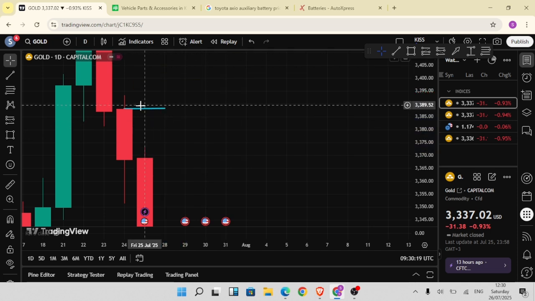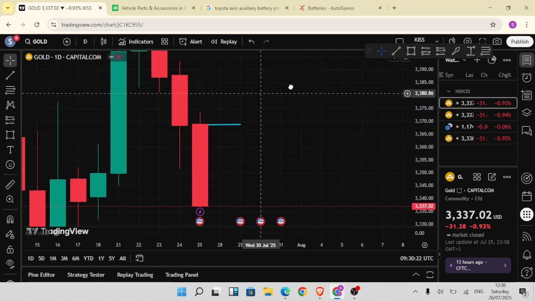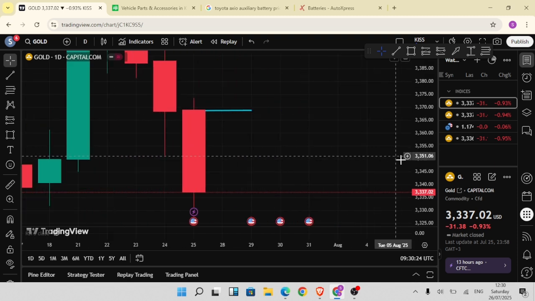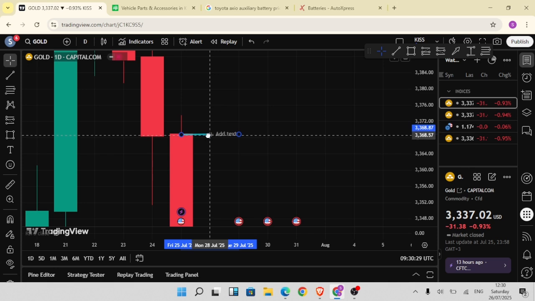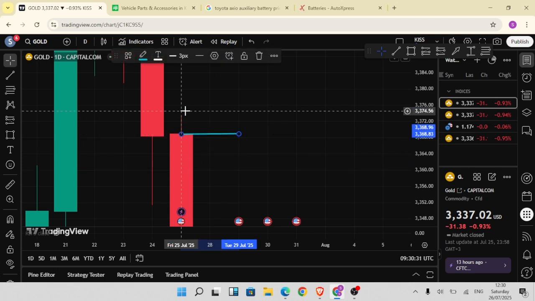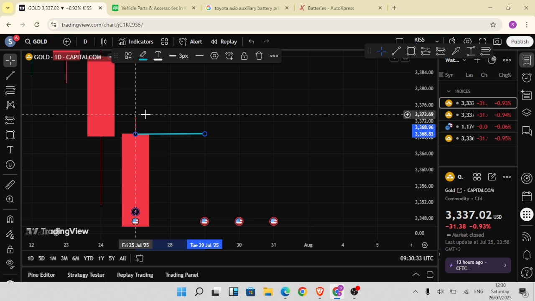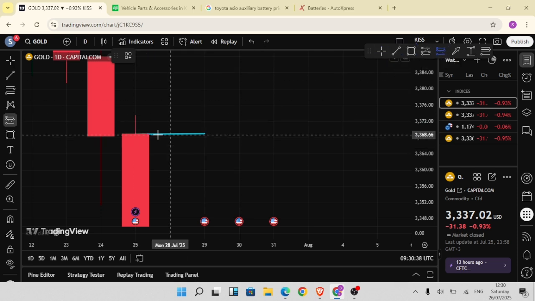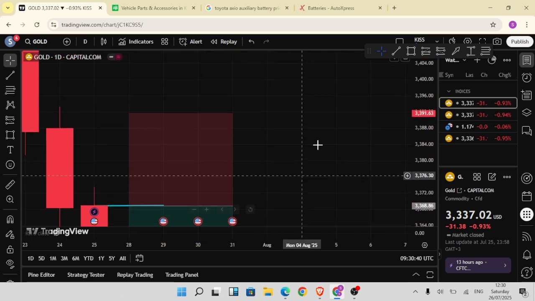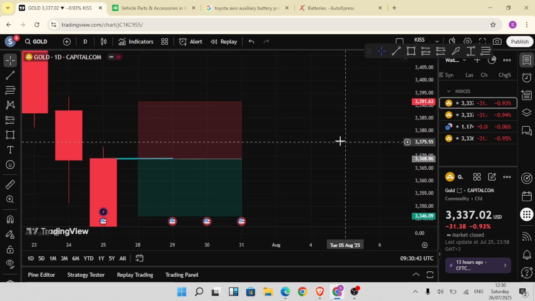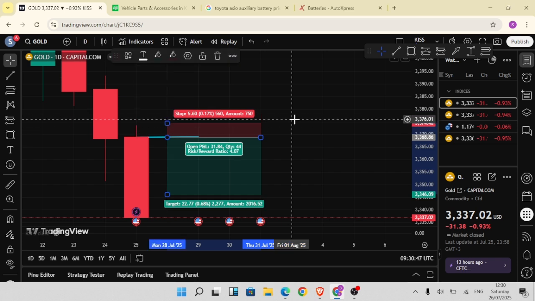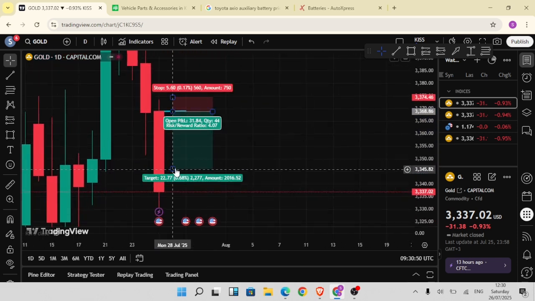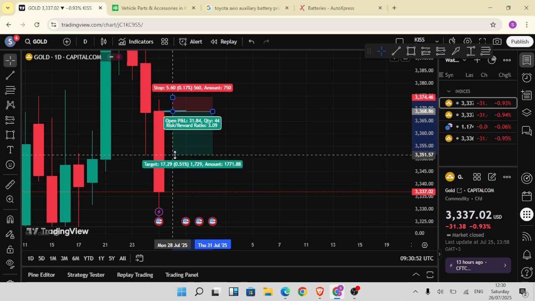Same thing on this Friday open. Friday opens, price goes high. As it is going high, you place your sell stops at this open. Once that sell stop is triggered, you introduce your stop loss slightly above this high and you want to target a risk reward ratio of 3.